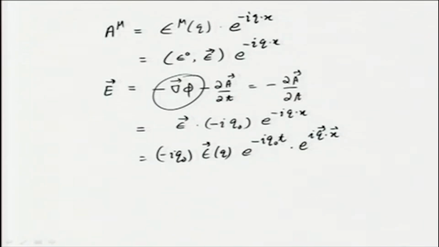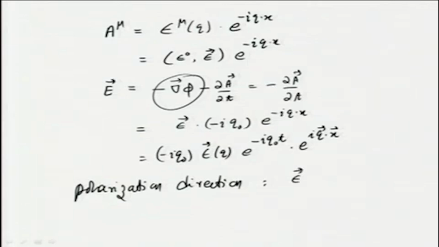We are familiar with this, and the amplitude is given by a complex amplitude here, minus I q naught epsilon 3 vector. The direction of the electric field is the same as the direction of the epsilon 3 vector. And therefore, we can say that the polarization direction of the photon is that of the epsilon.